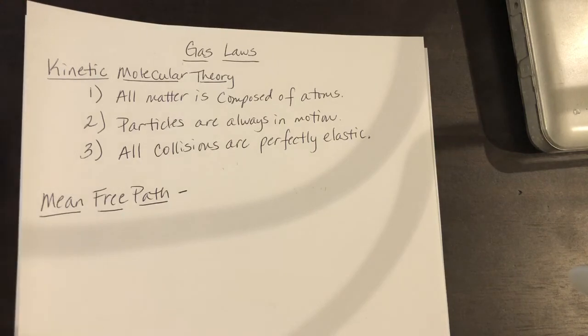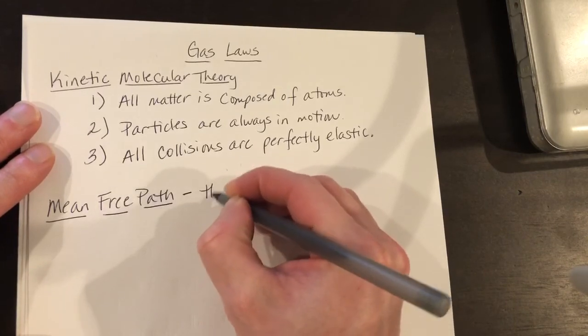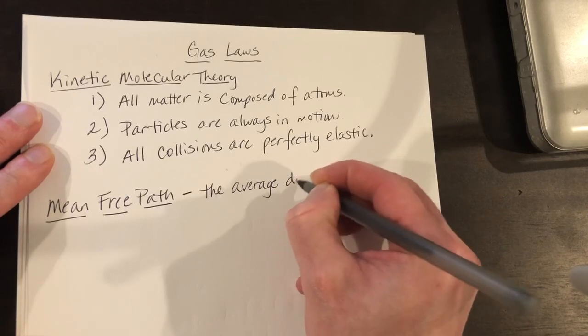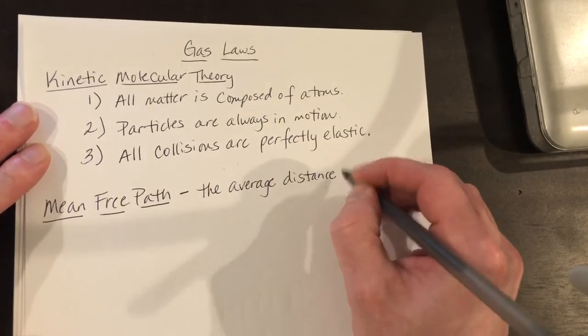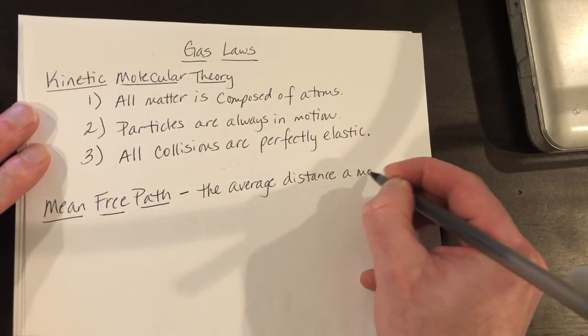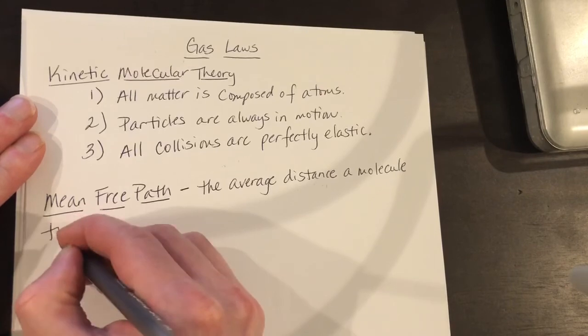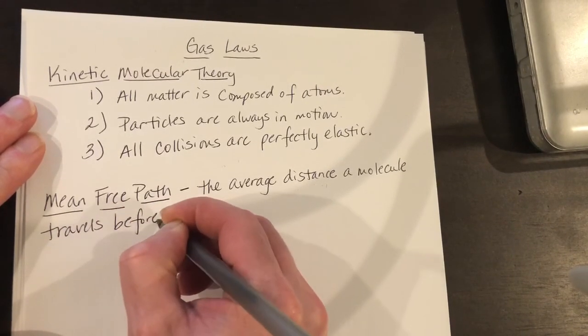Okay, so from 7th grade math, mean means the average. So a mean free path is the average distance a molecule travels before colliding with another one.